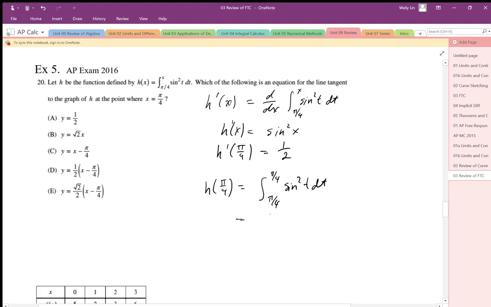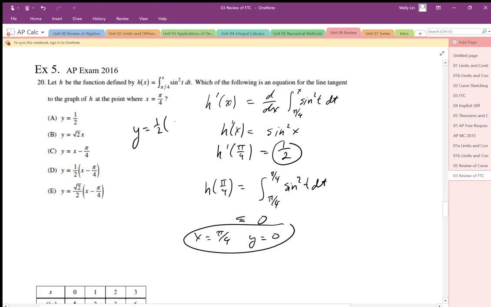That area is 0, so we know that when x equals pi over 4, y equals 0. Okay, so then my equation of the tangent line, I've got my slope and my point: y equals 1/2 (x minus pi over 4) plus 0. So it looks like, yeah, the answer is D.